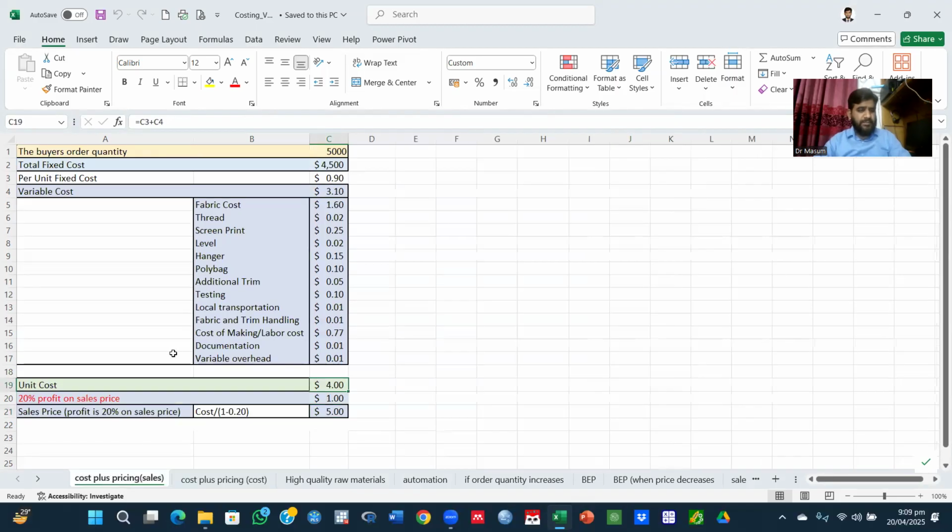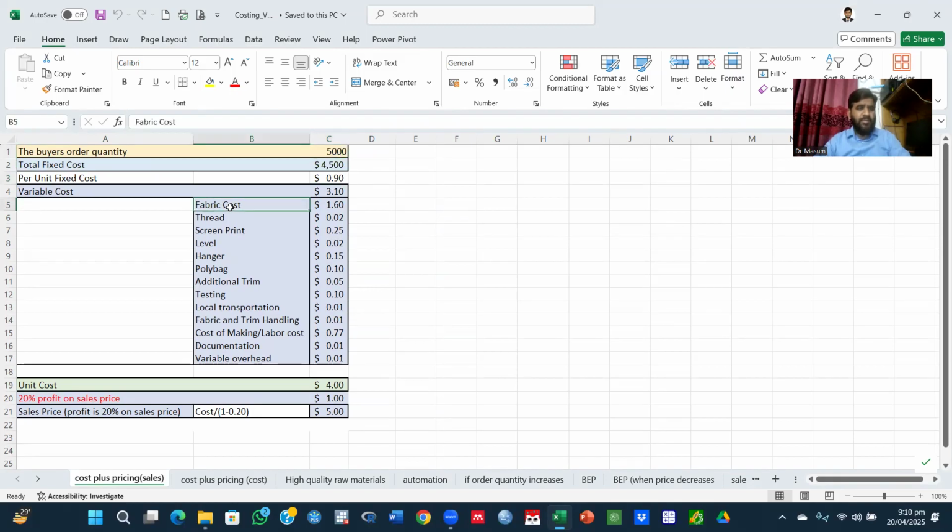So here the buyer is going to buy 5,000 units, and your fixed cost to produce 5,000 units is $4,500, so your unit fixed cost is 90 cents: 4,500 divided by 5,000.